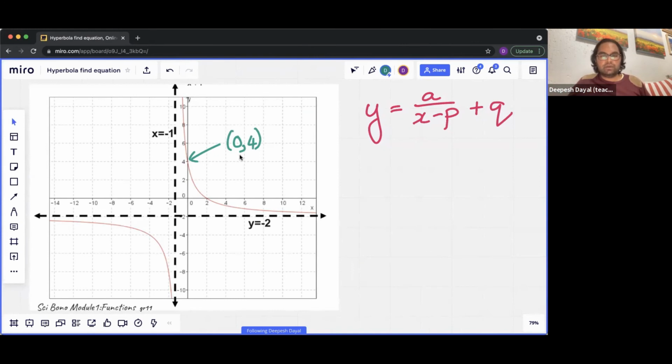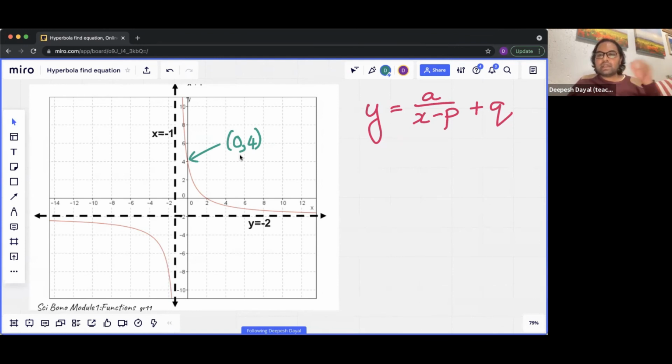Plug in P, Q, and find A. If you can just let me know what A is, I'll be very happy. So just tell me what A is when you're done, right? With the whole thing, because then I know that you're on the right path.